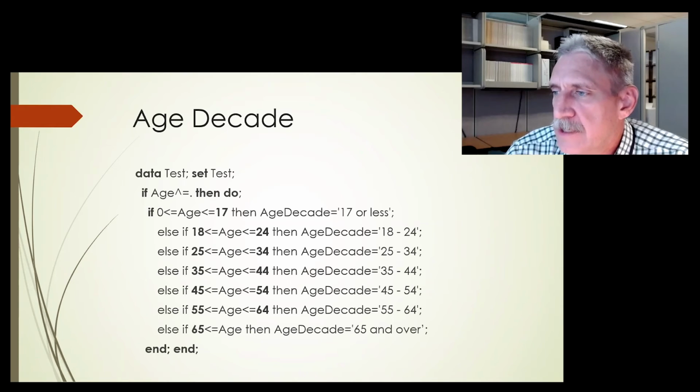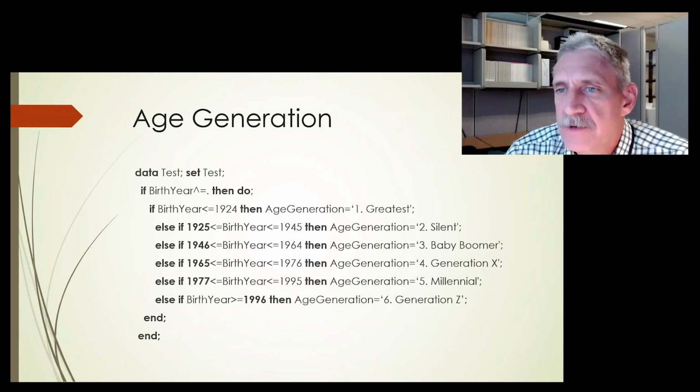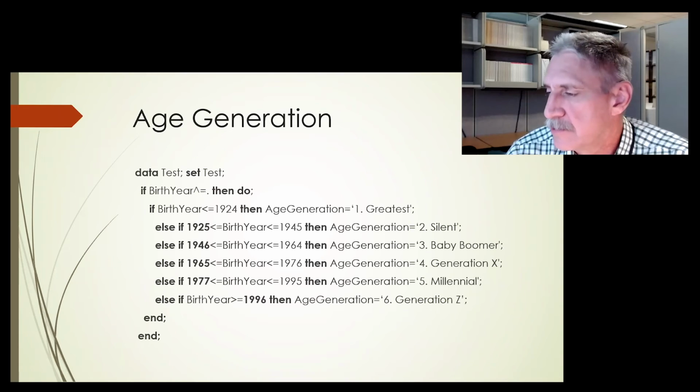Another one that is very commonly seen is the generation. Are they a baby boomer? Generation X, millennial? Well, here's one set of years that I have found that is commonly accepted as the start and end dates for the different generations. If you look, you'll find different ones. Just decide which ones you like and stick with those.